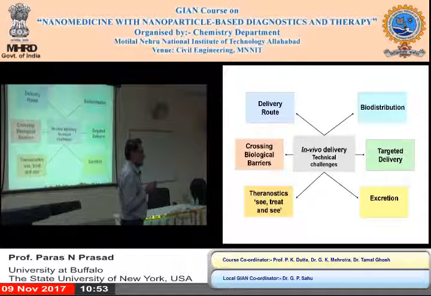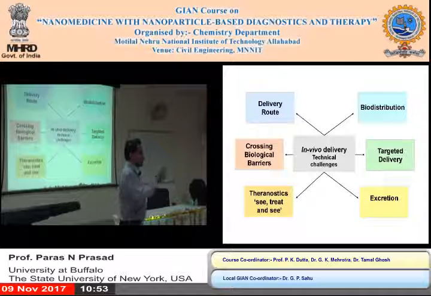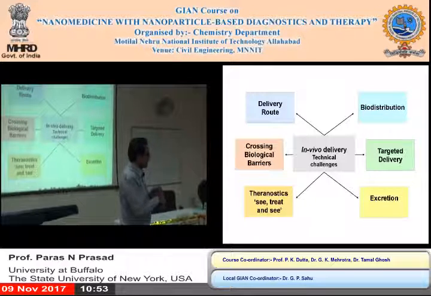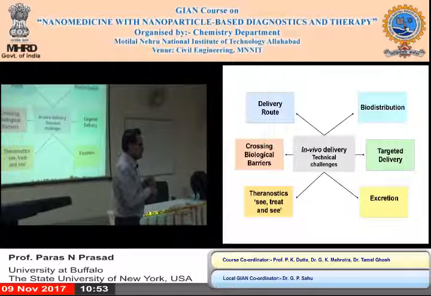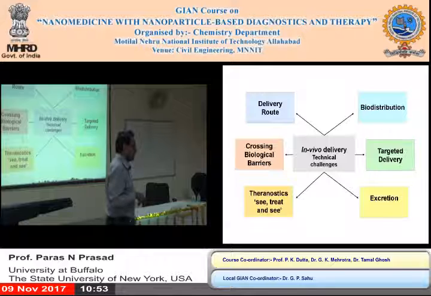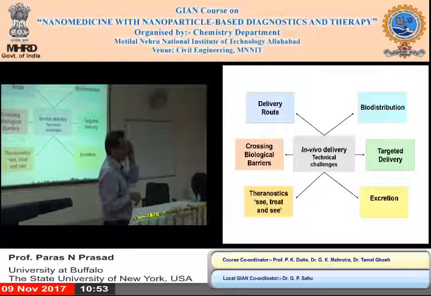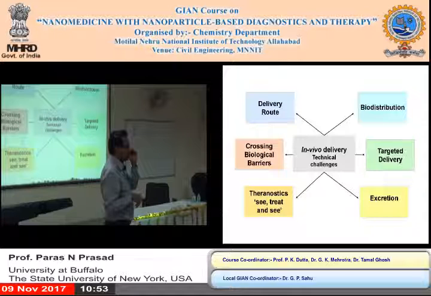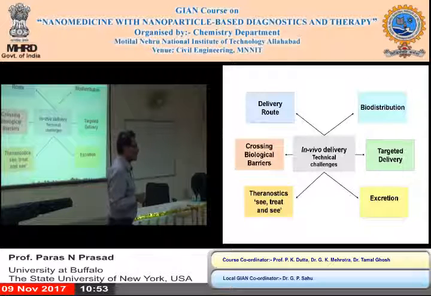These nanoparticles have to cross our body's defense line to get inside our bloodstream. And in each case there is a specific problem. You're talking about skin, there is a skin barrier. When you do oral, there is a mucosal barrier, or mucus in the mouth that tries to protect from getting inside. You're looking at getting into the brain, nervous system, there is a blood-brain barrier. The nanoparticles, as foreign objects, have to cross.